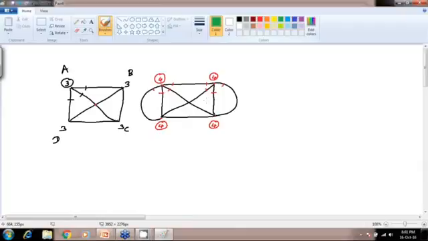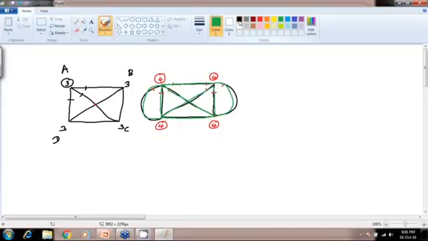Now let's see if the postman can travel through all these paths. So let's say he starts from this point and he goes like this, and like this, and maybe like this and like this. Then from here he goes here, then here, and then here. So he was able to traverse the entire path without going through the same edge twice.